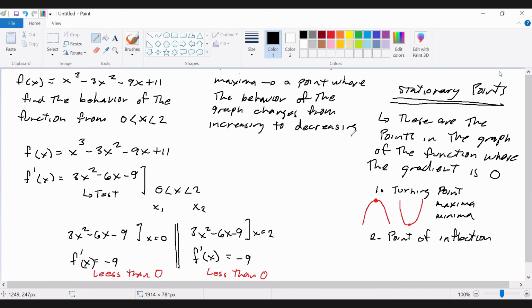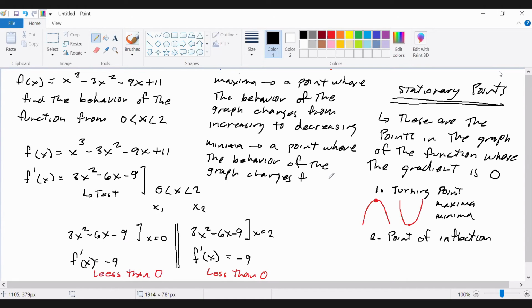While a minima is where the graph is going down, so that is decreasing, and suddenly curves up to increasing.